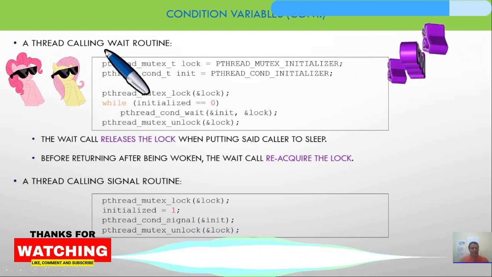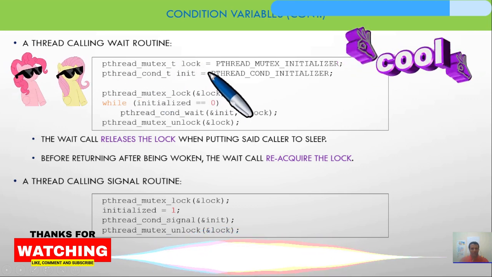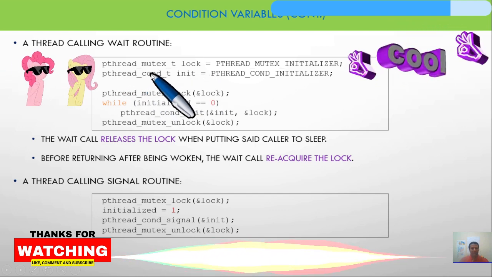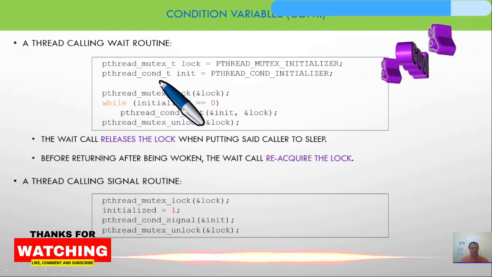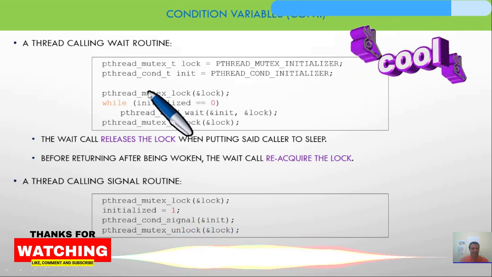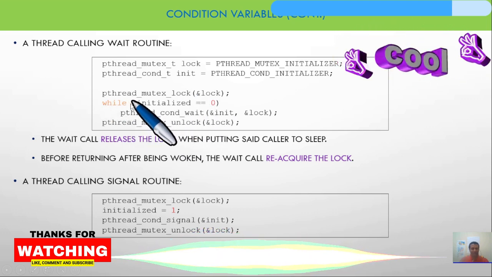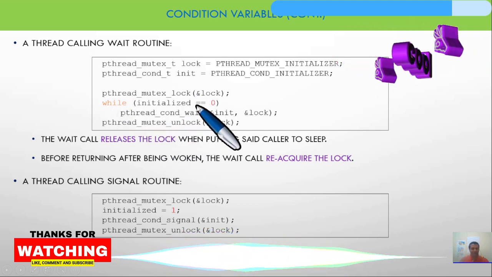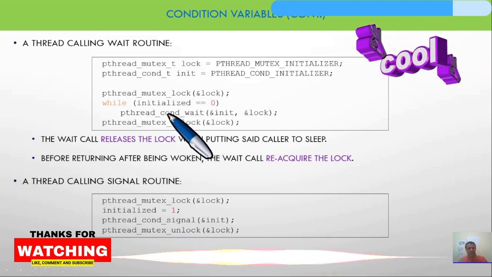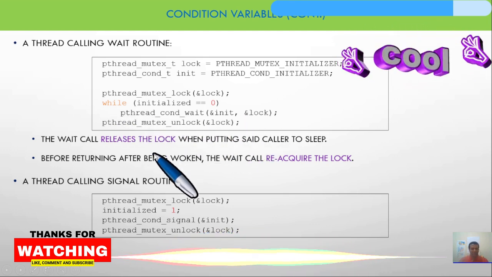Again, the thread calling the wait routine: the first one is pthread_mutex_t lock = PTHREAD_MUTEX_INITIALIZER, and we have pthread_cond_t cond = PTHREAD_COND_INITIALIZER. Then pthread_mutex_lock, then this is a while, not an if: while (initialized == 0) pthread_cond_wait(&cond, &lock), and then pthread_mutex_unlock.